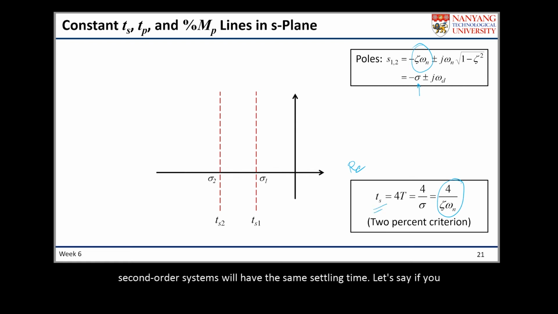Let's say the first one has poles here, drawn in blue, and your second underdamped second order system has poles here. These two systems have different sets of poles, but all of the poles have the same real part.